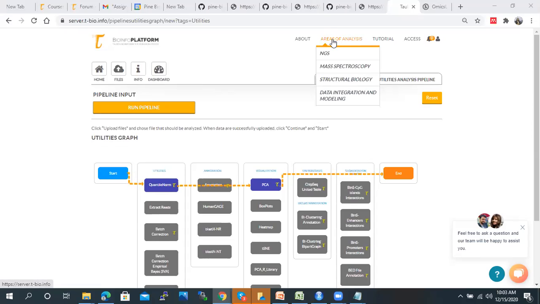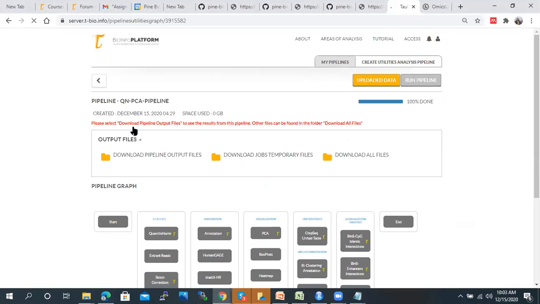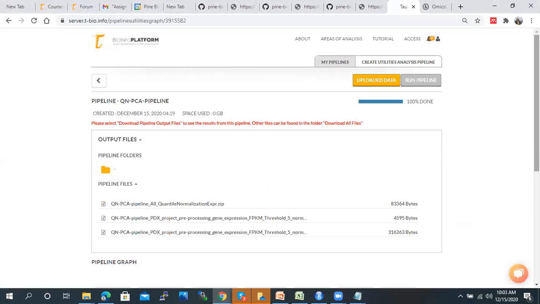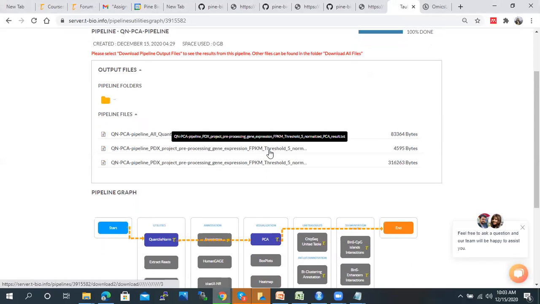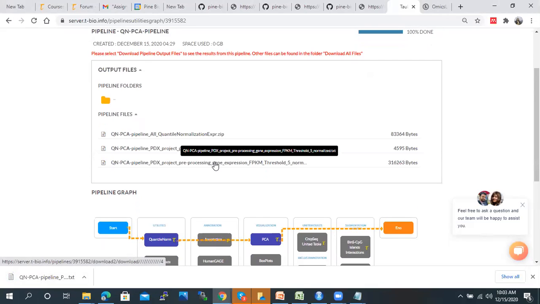So meanwhile, let me just go to my pipeline. Here my initial pipeline has already completed. Here we have two outputs. The first one is the PCA results, so I'm downloading the first output first. And the second output is the quantile normalized value.